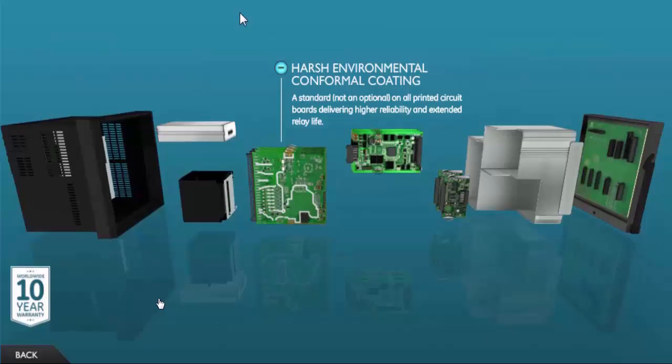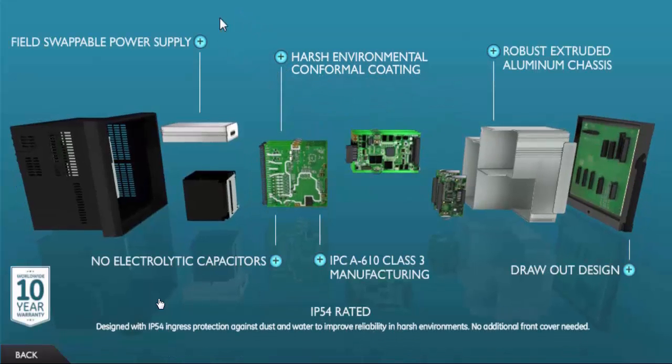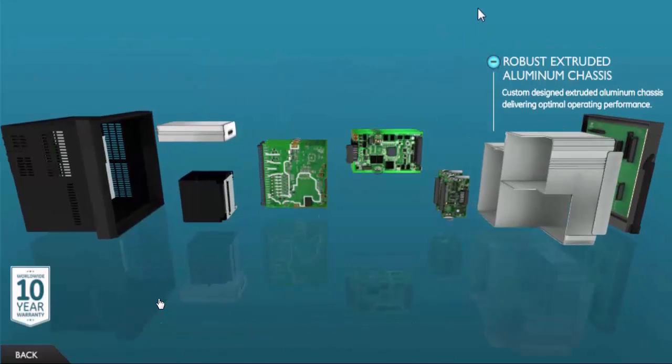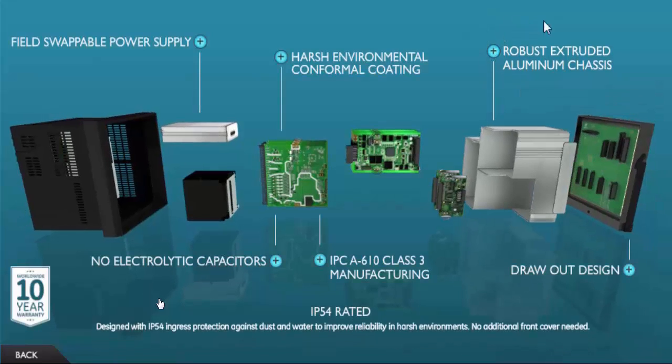Harsh environmental conformal coating, which is standard on all printed circuit boards, delivering higher reliability and extended relay life. Extruded aluminum chassis delivers optimal operating performance. Relay is housed within an IP54 rated construction, and this relay is completely lead-free design.